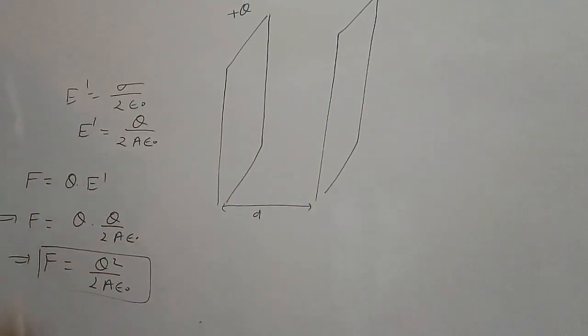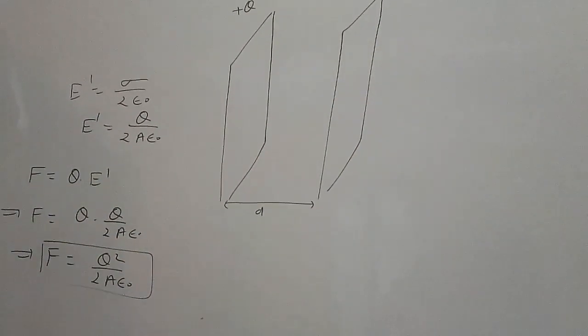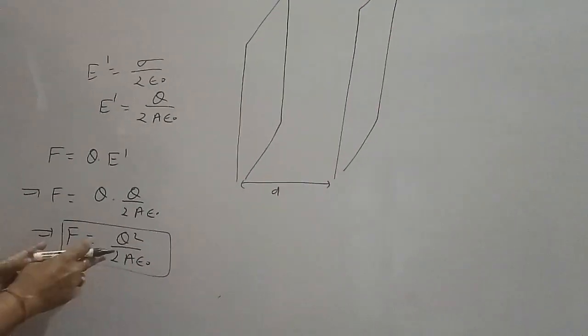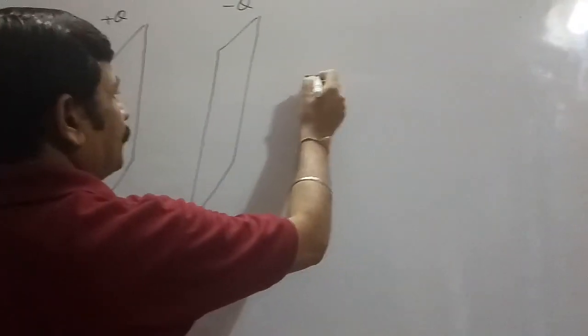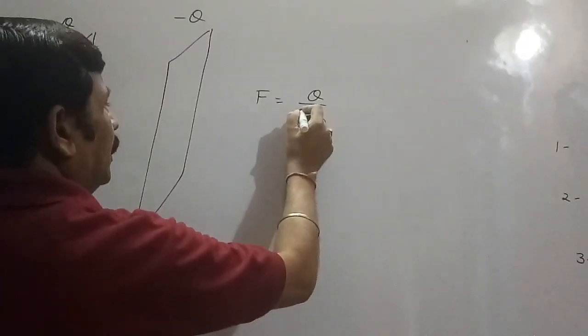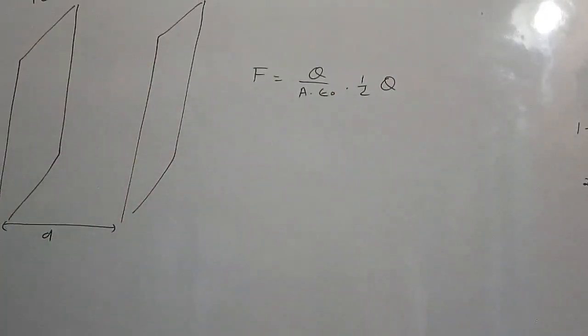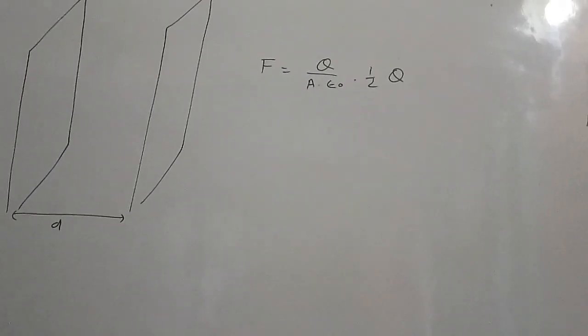This is the expression to find the force between two charged plates, if the dimension of the plates is very large, Q is the charge on each plate, and A is the plate area of each plate. Now dear students, in the board exam they twisted this article: how can we write this force? See here, Q by A into epsilon naught into half Q. Can we write this expression like this? Yes.